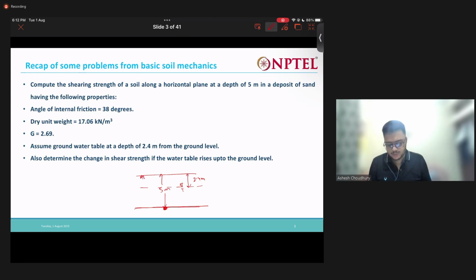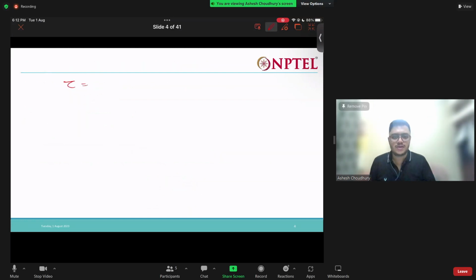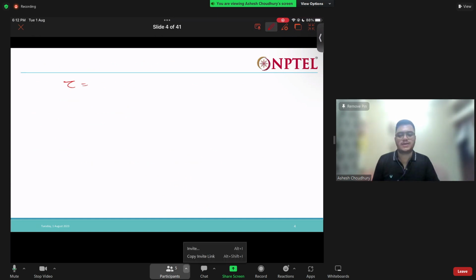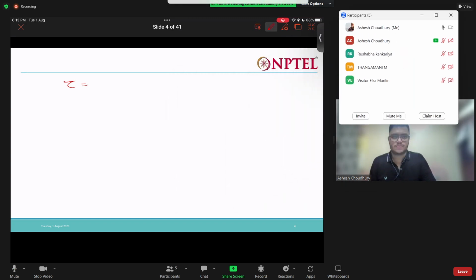So what is the expression for my shear strength? What is this shear strength equal to? If anyone can help me with that, if you remember, you can turn on your mic and just answer. What is tau equal to?